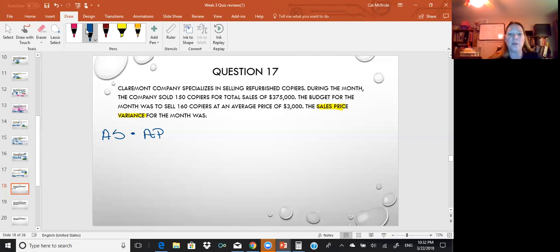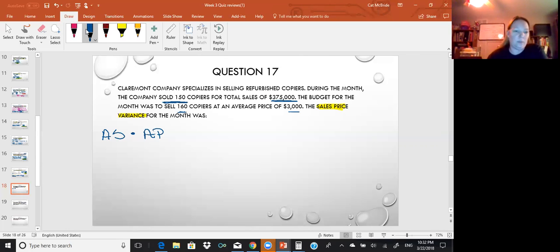During the month, the company sold 150 copiers for a total sales of 375,000. The budget was to sell 160 copiers for $3,000 each. So we have to break the 375,000 down into units.